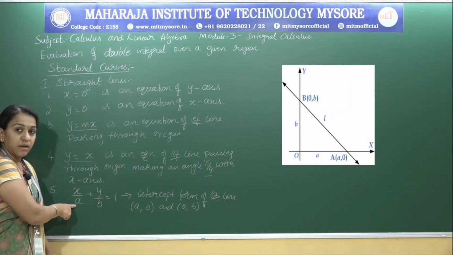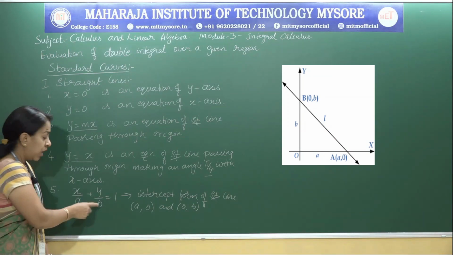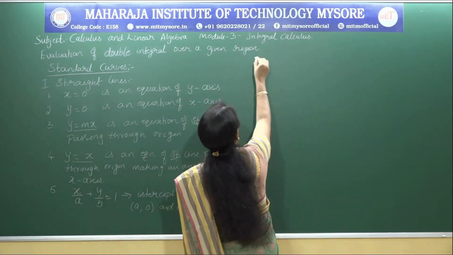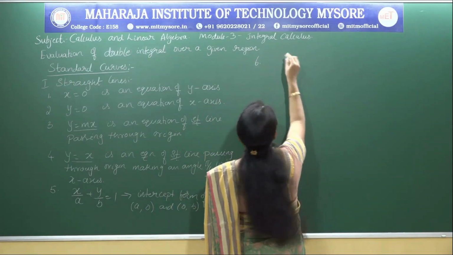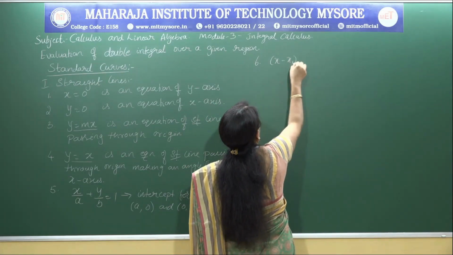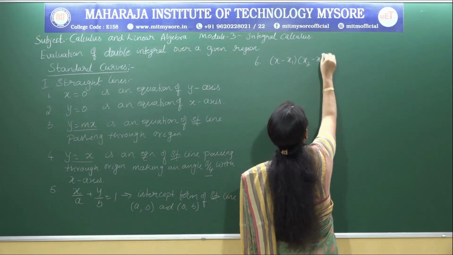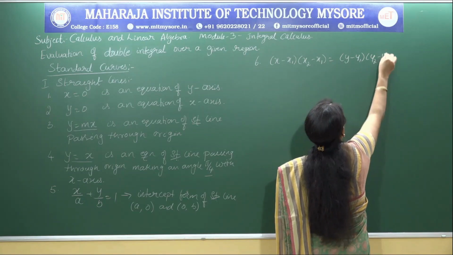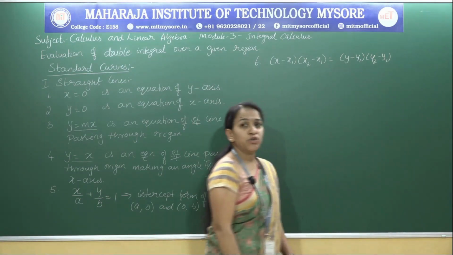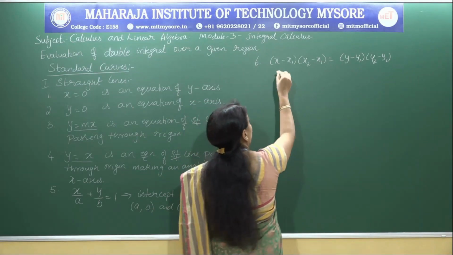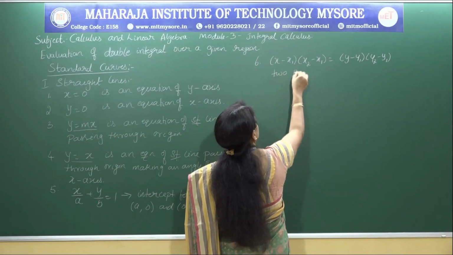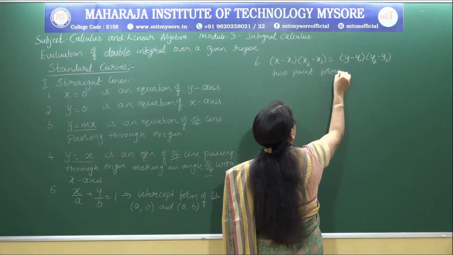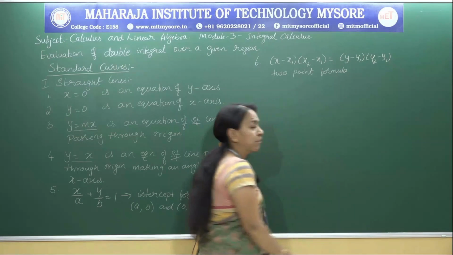That means the x intercept is a and the y intercept is b. And also we have x minus x1 into y2 minus y1 equal to y minus y1 into x2 minus x1, which represents the equation of a straight line if we know two points. So this is also called the two-point formula for the equation of a straight line.